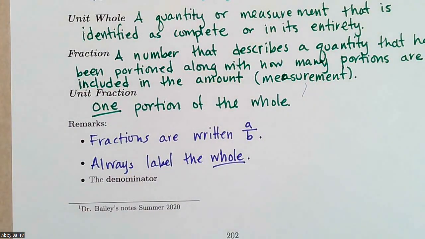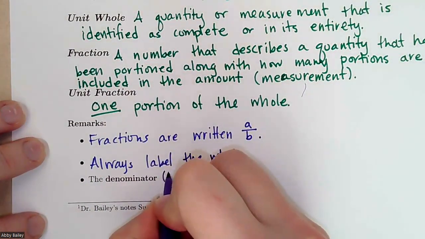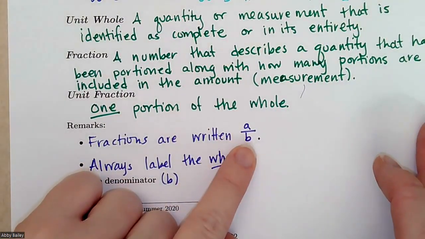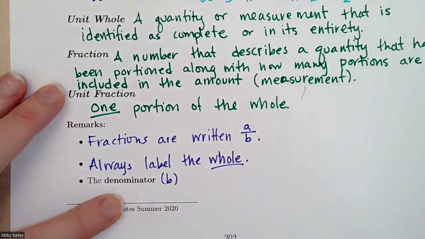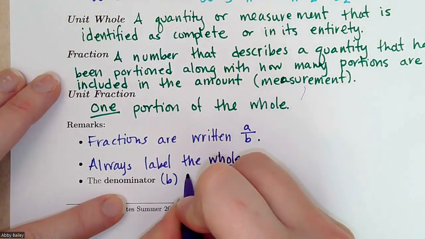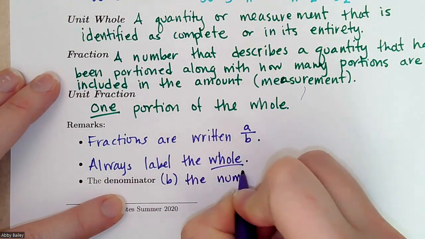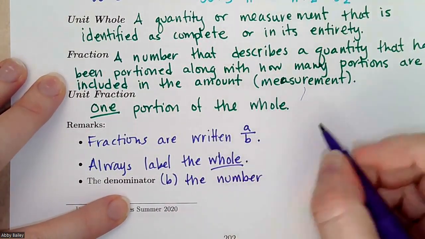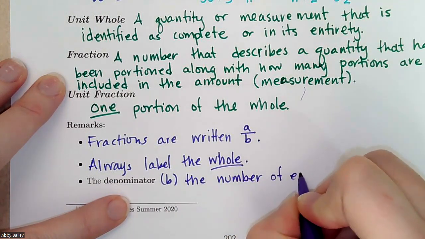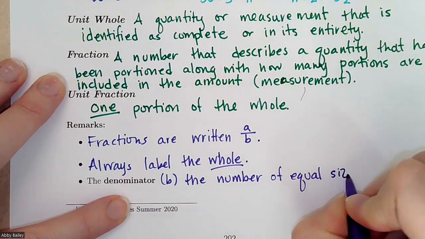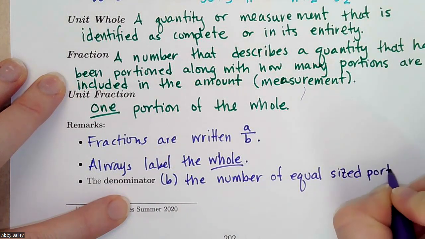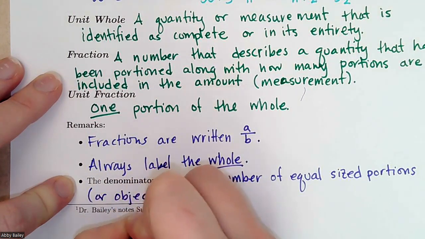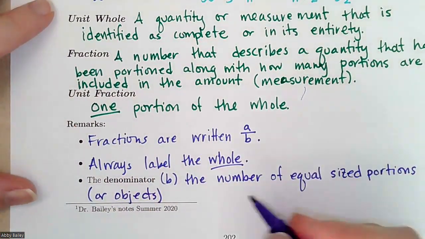The denominator, which is the B in the numerical representation of this quantity, is the number of equal sized portions, or objects, within the whole.